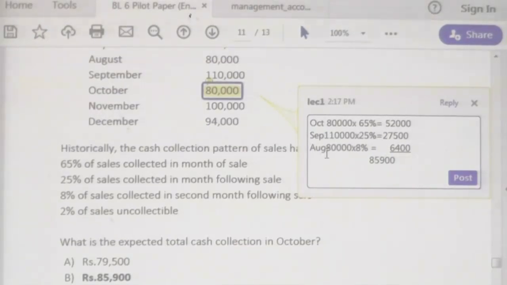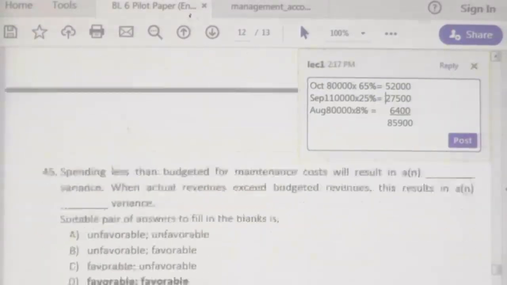That's how we have calculated the total collection for October as 85,900. This is the cash budget technique, right? You have to practice this more to answer this type of question in the exam, right? Let's move into question 45.